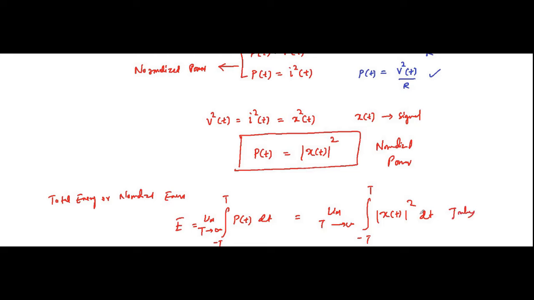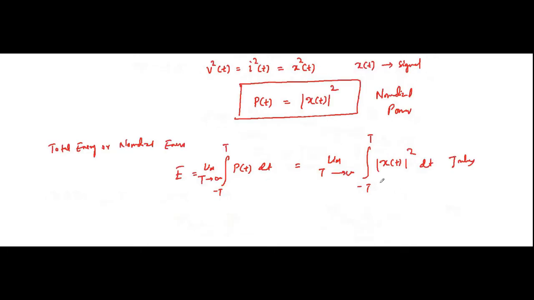Okay, now this is energy. Power is energy by time, so the average power or normalized average power P, we can write as limit T tends to infinity 1 by 2T. Why?